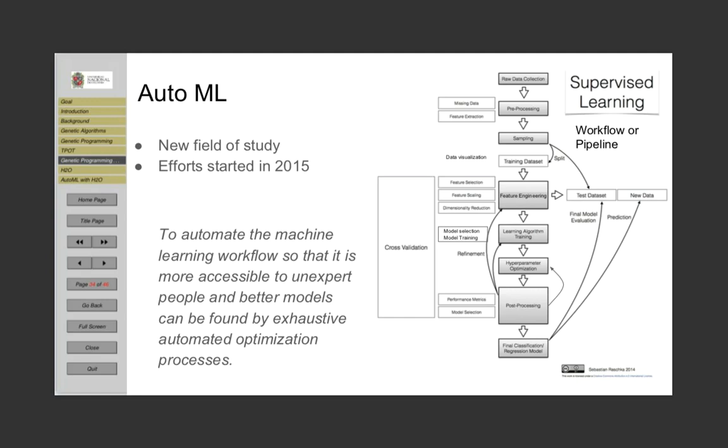We call the resulting research area that targets this automation of the machine learning process auto-machine learning. And the main idea for auto-machine learning is first to automate the machine learning workflow so that it is more accessible to non-expert people, and to find better models by doing an exhaustive automated optimization process.